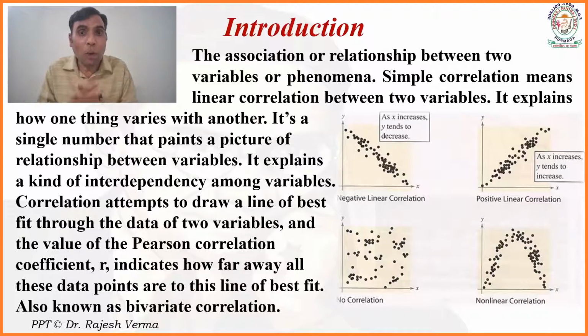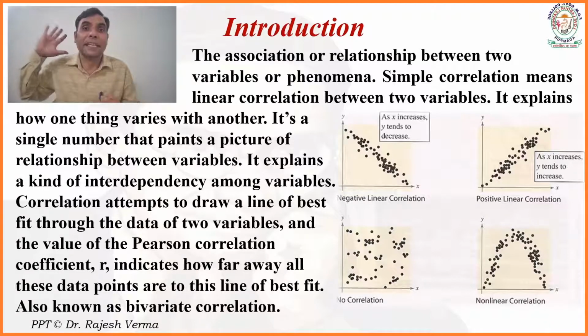Now, when we talk about correlation, remember, we are discussing the simple linear correlation. Simple correlation means it's a kind of linear relationship between the two variables. Linear relationship means when we plot the relationship between these two data sets, the resultant line should be a straight line.